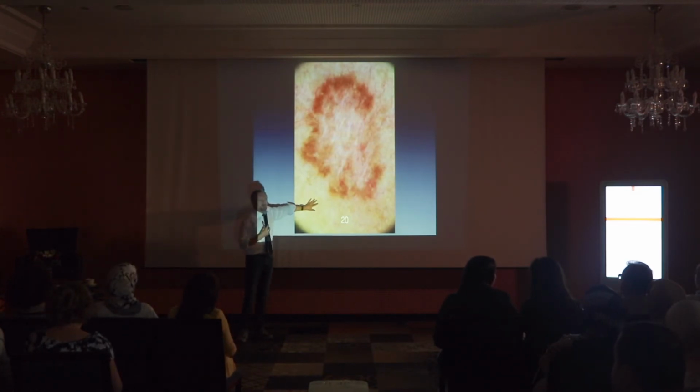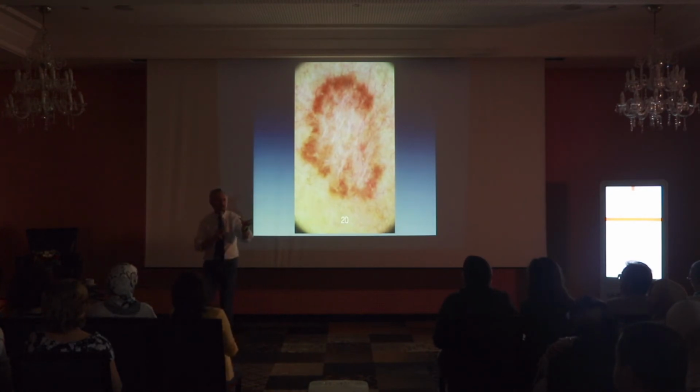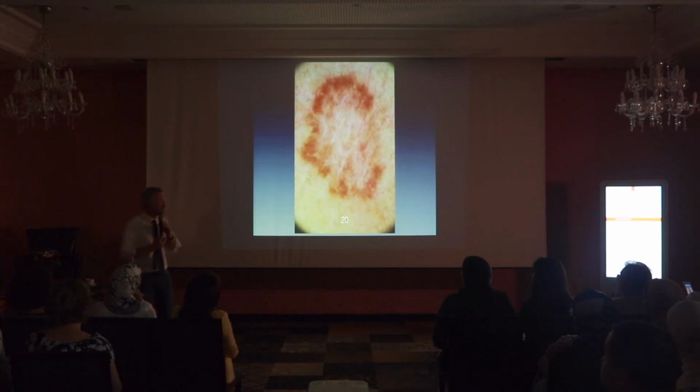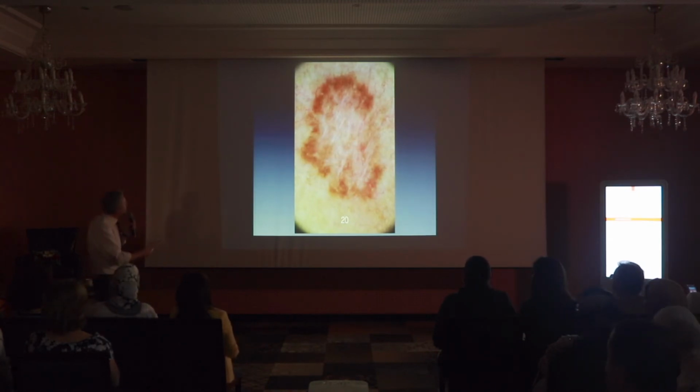So, what do you think about this lesion? Could be melanoma? Dermatofibroma? Well, but it's not hard on palpation. I would say this is suspicious because it's a large lesion.